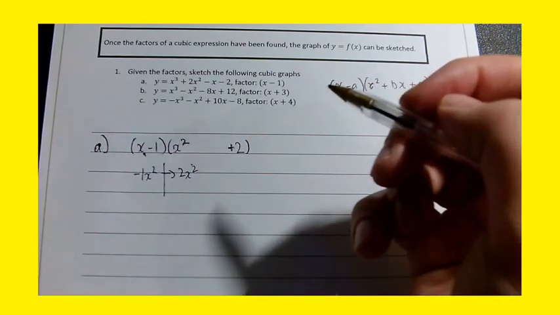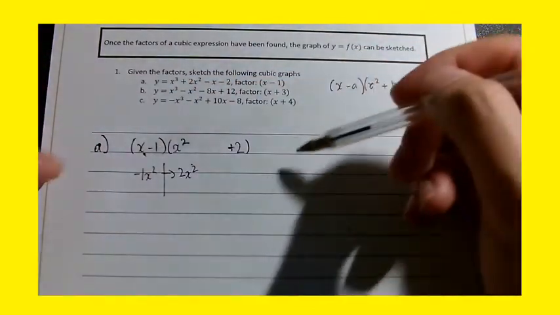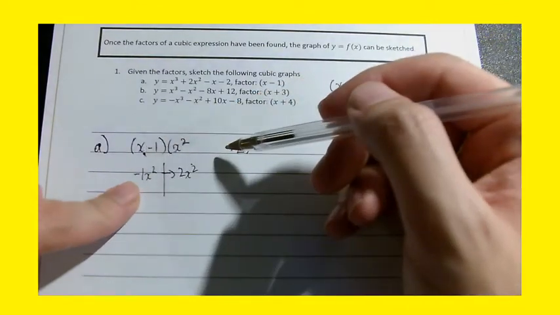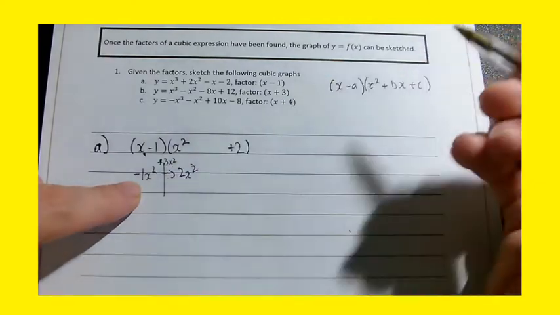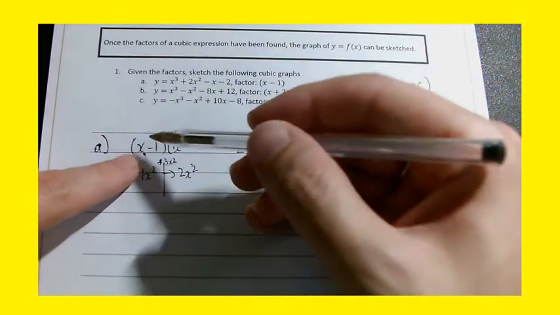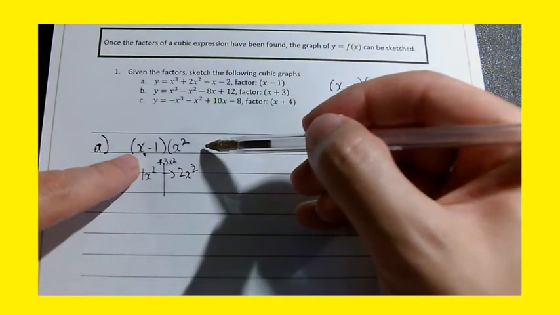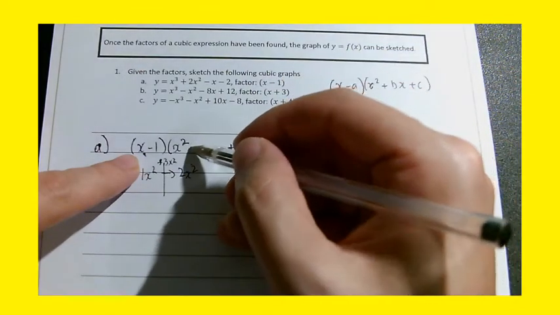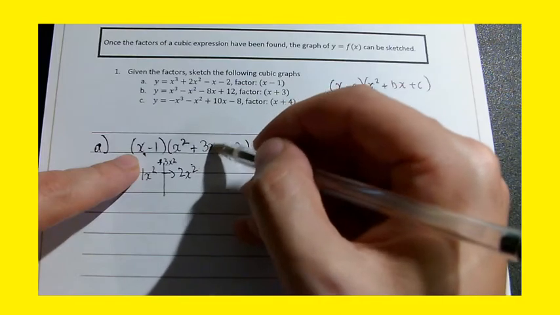To get to 2x squared, I have to add 3x squared. Now to make a 3x squared, I'd have to have this x multiplied by something in here, and that would be your 3x.